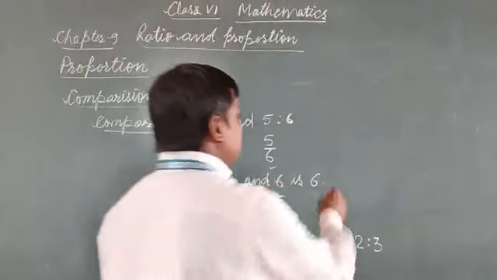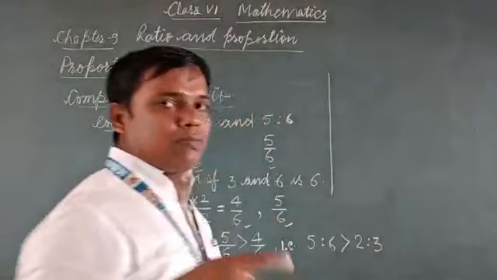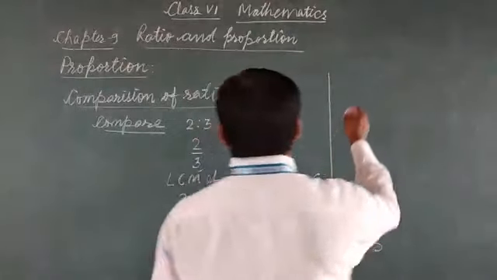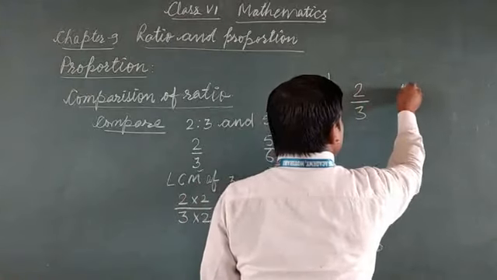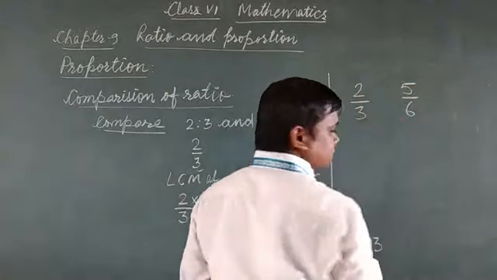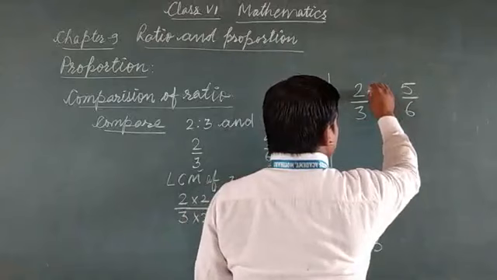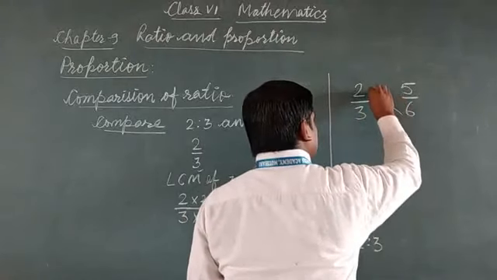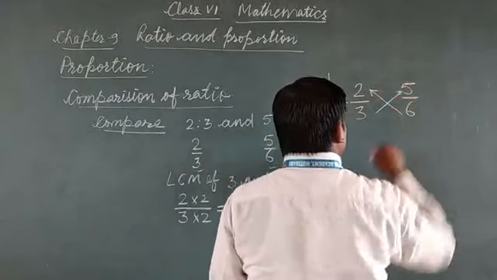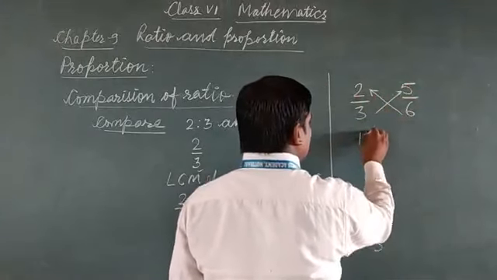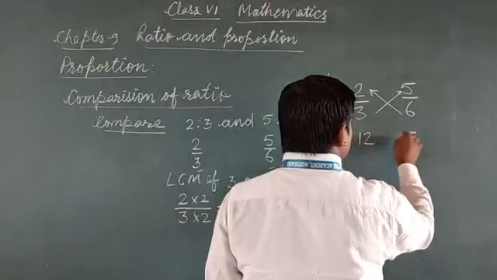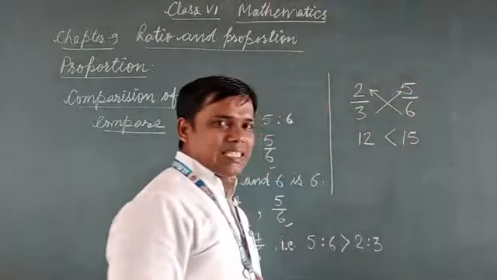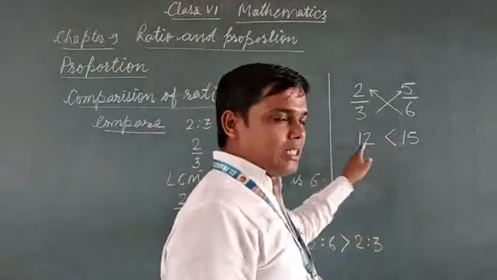See the alternate method, that is the cross multiplication method. In this we have 2 by 3 and 5 by 6. We multiply 6 twos are 12, 3 fives are 15. We observe that 15 is greater than 12.